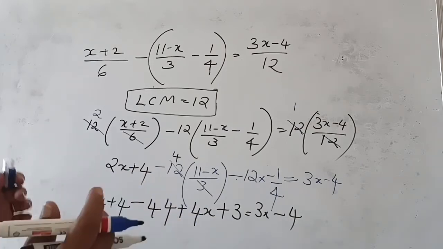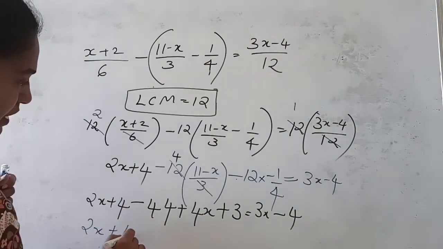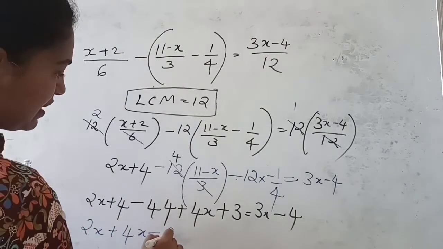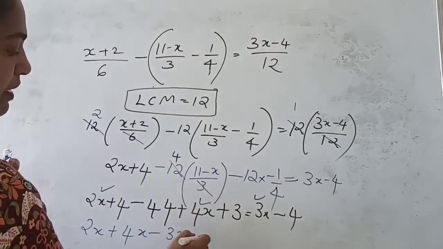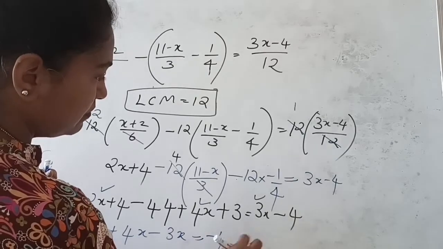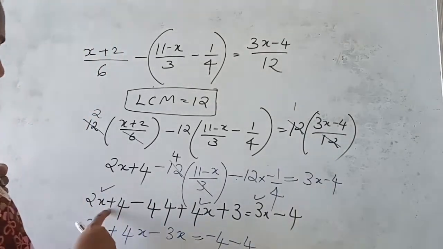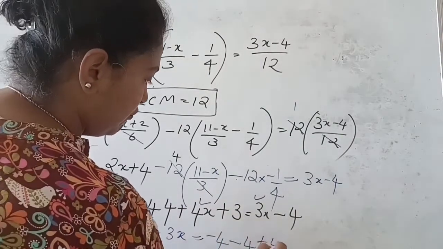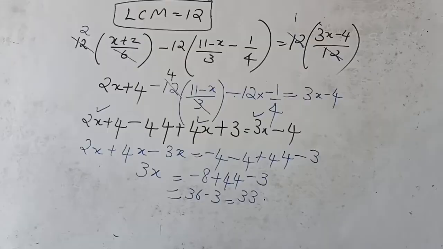I have to transpose all my variables to LHS and the constants to the RHS. So I get 2x plus 4x minus 3x. So my variable terms are gone. My constant terms, minus 4, because already the minus 4 from the LHS, plus 44 from the LHS, and a minus 3 from the LHS.